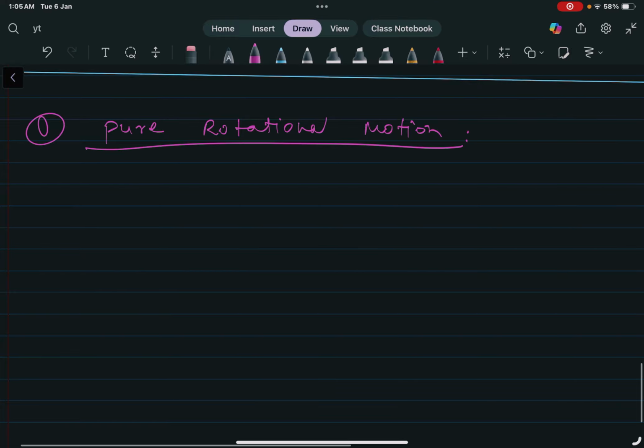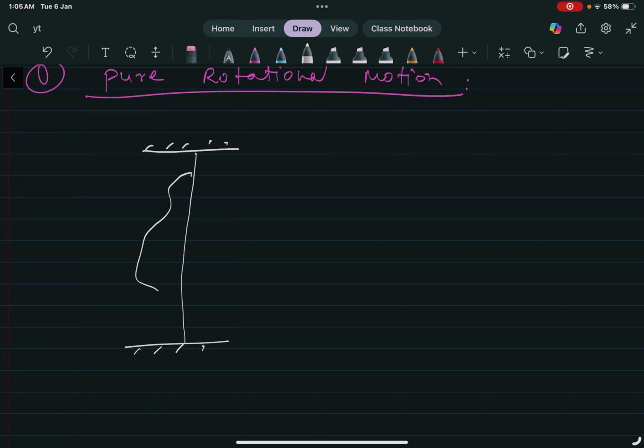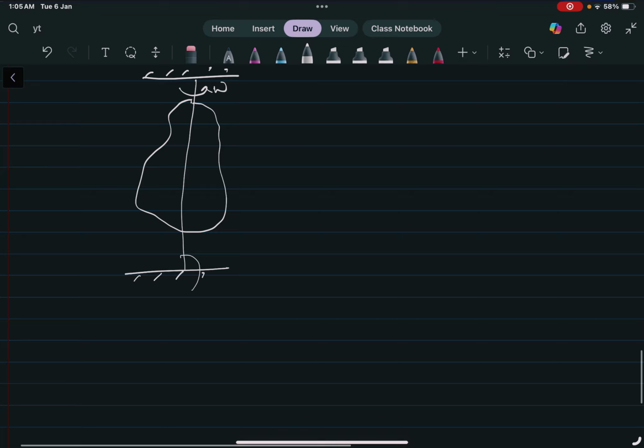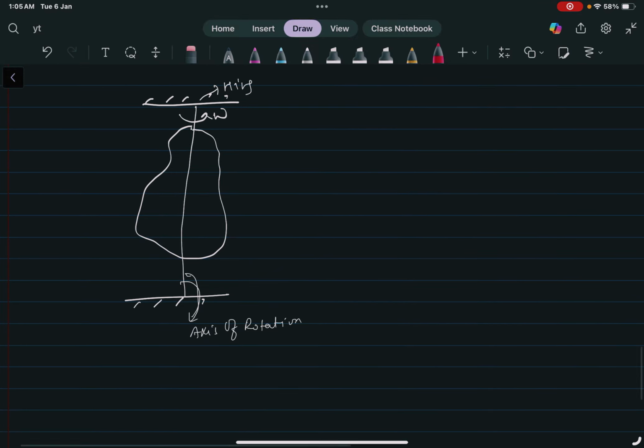Okay, suppose I have one body like this, and the whole system is moving with omega. This is the axis of rotation, and this part is the hinge. This is the angular velocity.